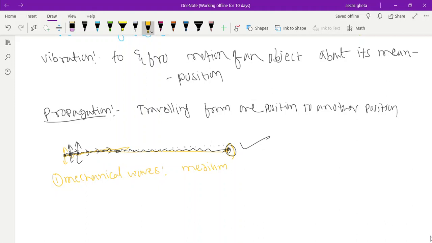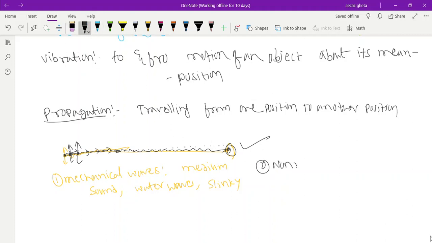Sound waves compulsorily require a medium, water waves require a medium. A slinky, with which we play, moves up and down like this, and it also requires a medium to travel. That also comes under mechanical waves.